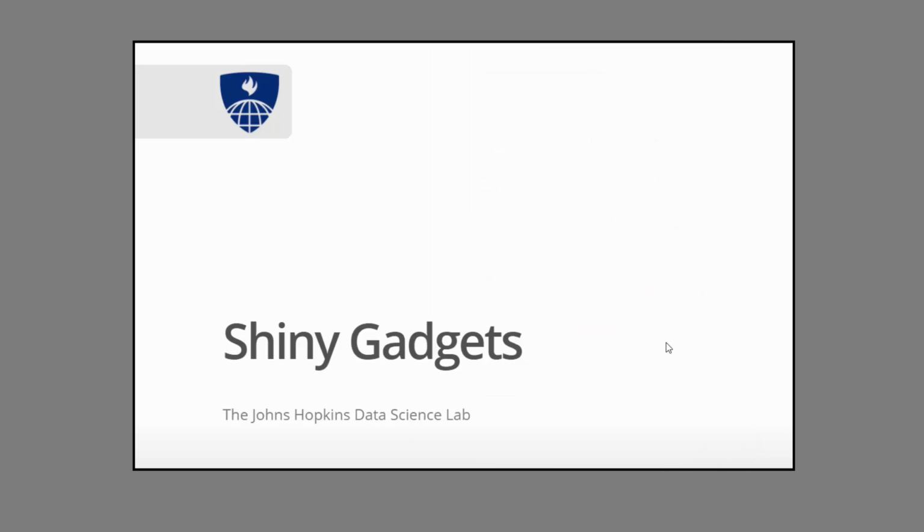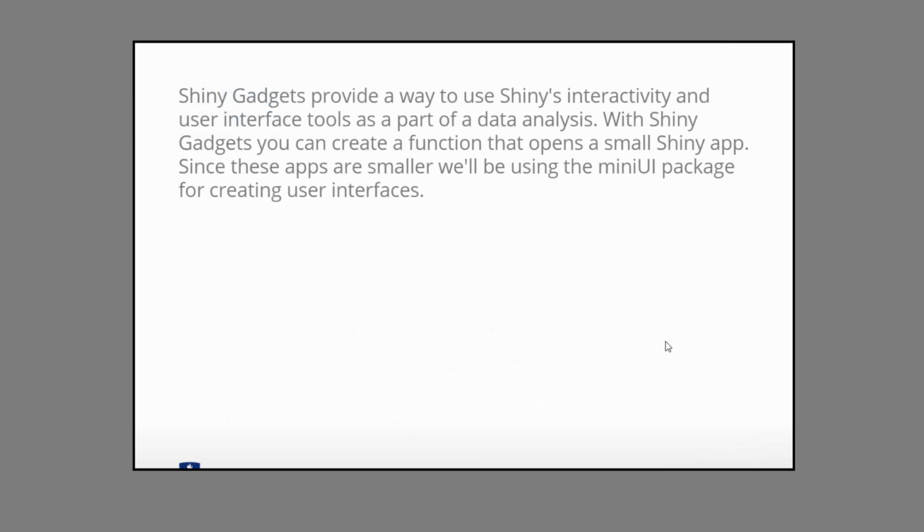Shiny Gadgets provide a way to use Shiny's interactivity in data analysis. It's an easier and quicker way to use it, and it's not the full web development that we use Shiny for, where we want a forward-facing app that other people are going to use.